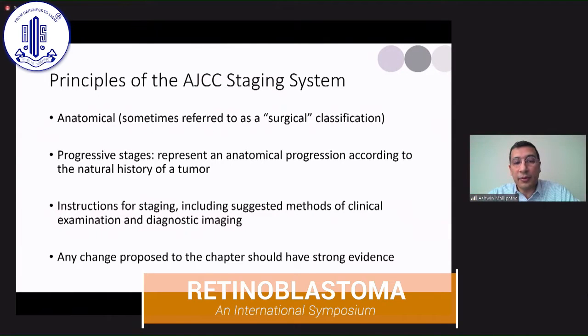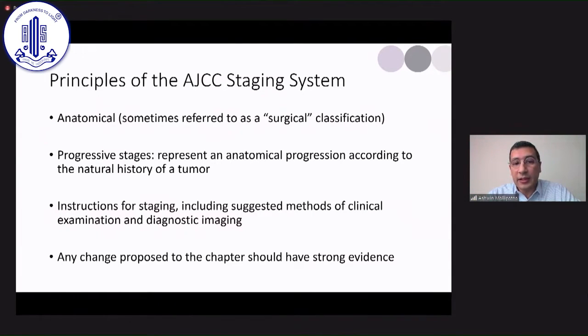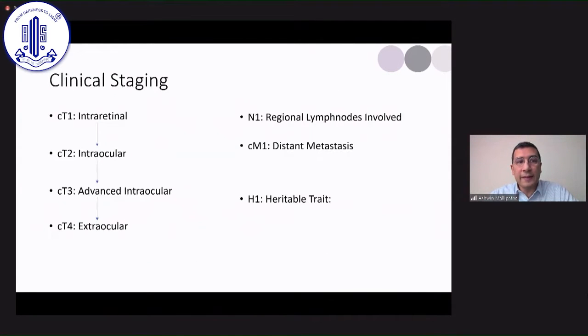And there were quite strict instructions on how many categories you can have, and the diagnostic imaging techniques that you can propose, and those sorts of things, to actually come to the final stage of each child at diagnosis.